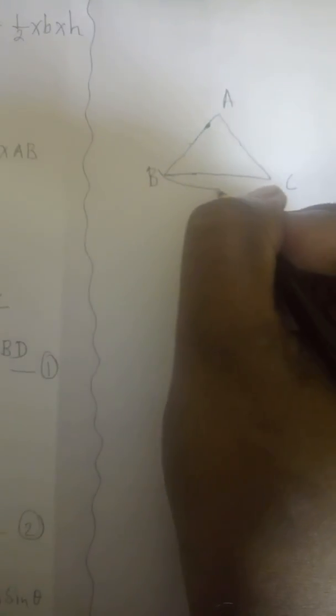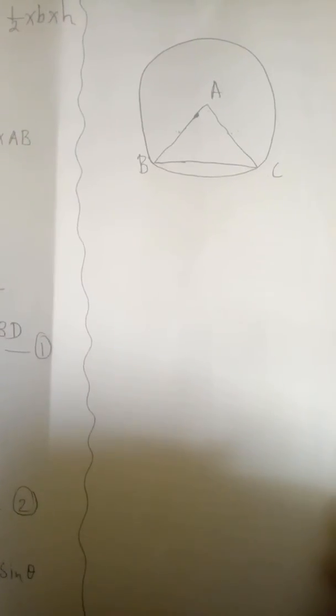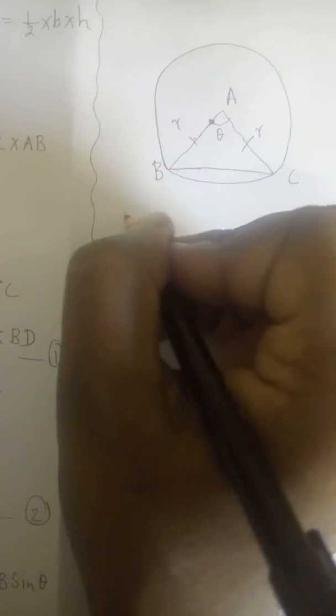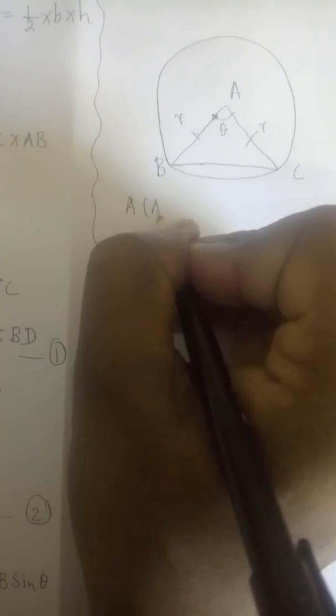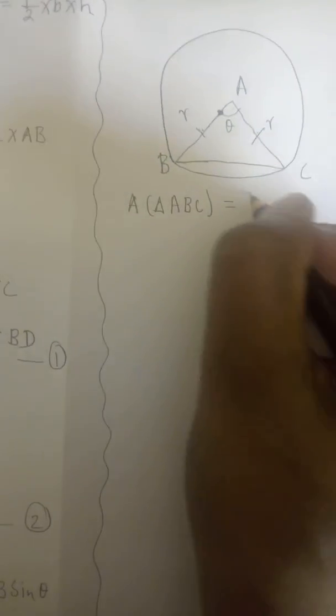A circle is passing through B and C where A is the center, where this theta was known, and AB equals AC equals R. So now friends, the area of triangle ABC will become half into AB into AC sine theta.